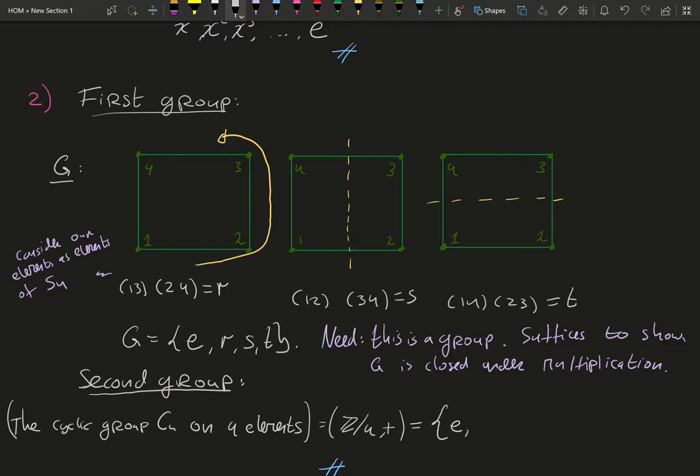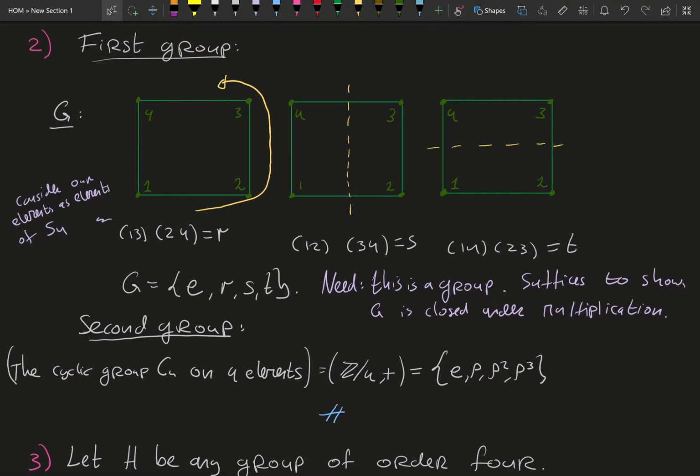group {e, rho, rho squared, rho to the third}, where we have that rho is a rotation now by 90 degrees of this square. So this is my rho.